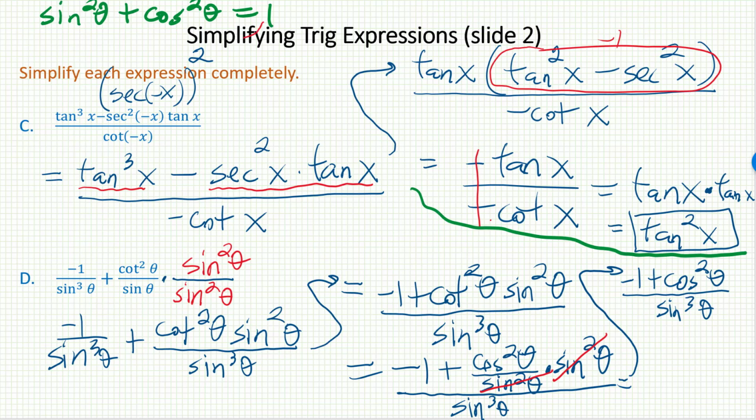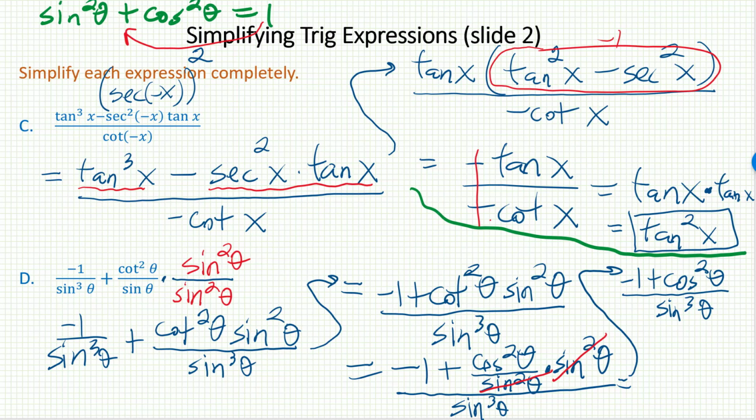If I move the 1 over to this side, it will become a -1. And I'll have -1 plus cosine squared theta as long as I also subtract the sine squared theta to the other side. And so then I have -1 from subtracting the 1 plus cosine squared theta equals negative sine squared theta from subtracting that term.